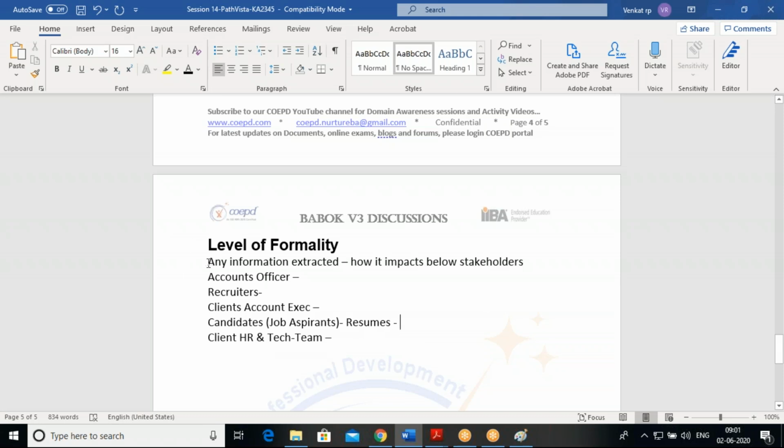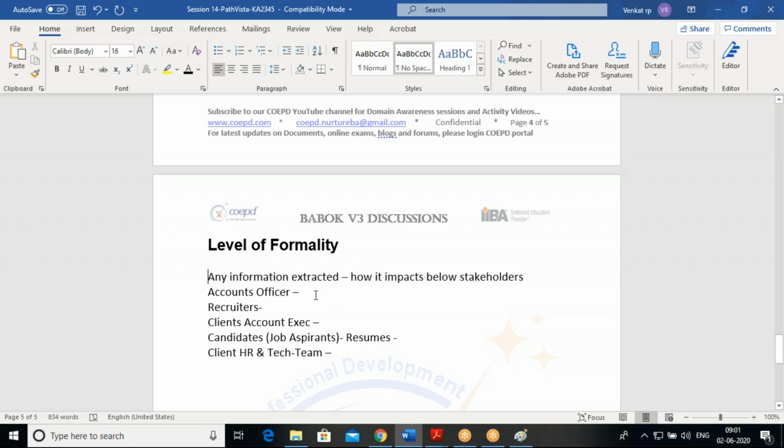What exactly each stakeholder requires, what information. For the recruiters, what is required is the JD, the individual job descriptions. But for the accounts officer, you don't require the job description, just the title or different JDs. As an accounts officer, the information I require is which recruiter worked for which clients, on what job descriptions, and how many hours they have contributed on each JD.